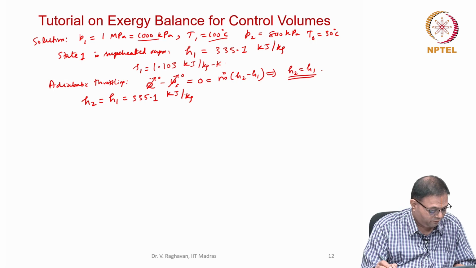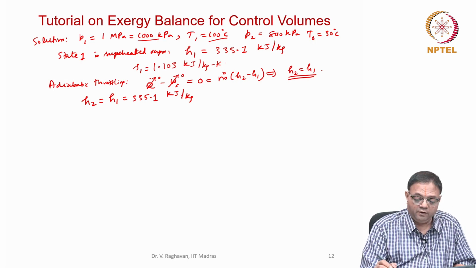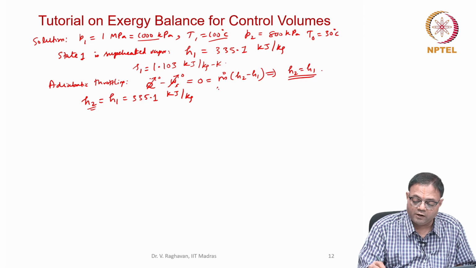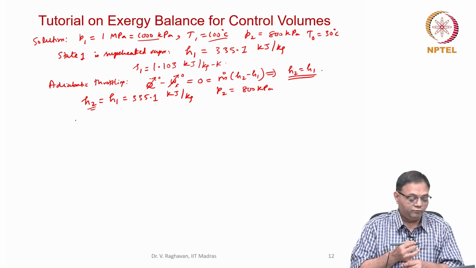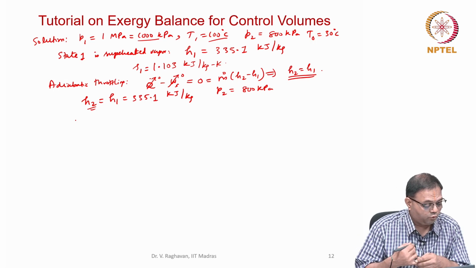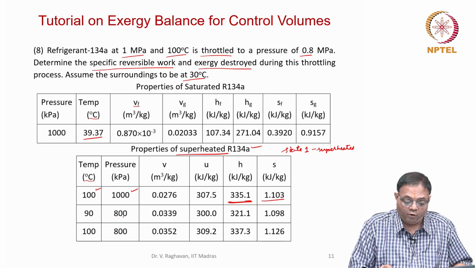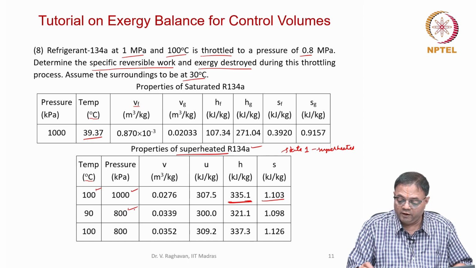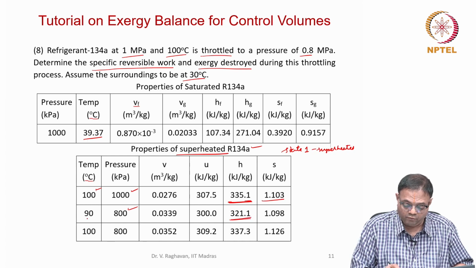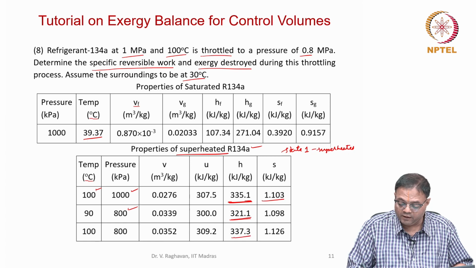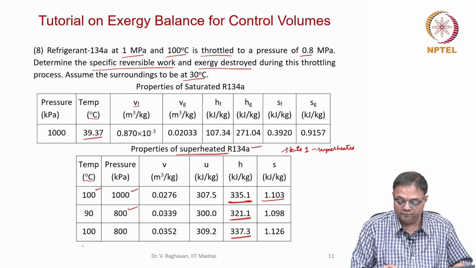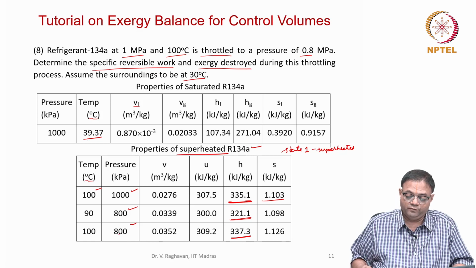Now you can see that one of the properties is got, and another property is pressure, which is given as 800 kilopascals in the problem. So, two properties are enough to fix state 2. So, what is state 2? You have to go to the tables again. For a pressure of 800 kilopascals, the H value is 321.1 at 90 degrees and it is 337.3 at 100 degrees for the same pressure of 800 kilopascals.